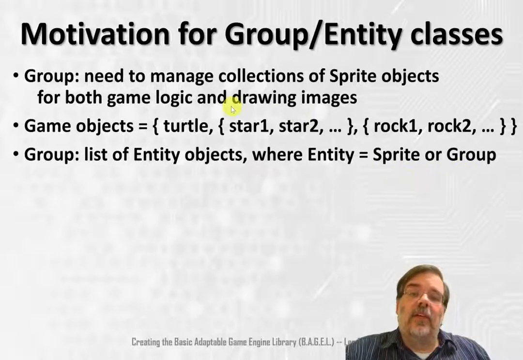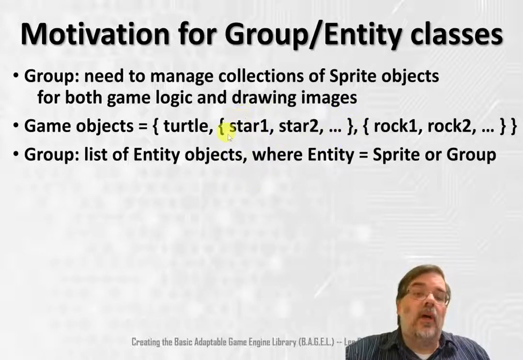And then when it comes to drawing images, we don't need to maintain one list for all the sprites to be drawn and then a bunch of separate lists. We can have one master list and tell our program to draw everything in this group. There will be code for drawing individual sprite objects, but it will also be possible to draw a group.